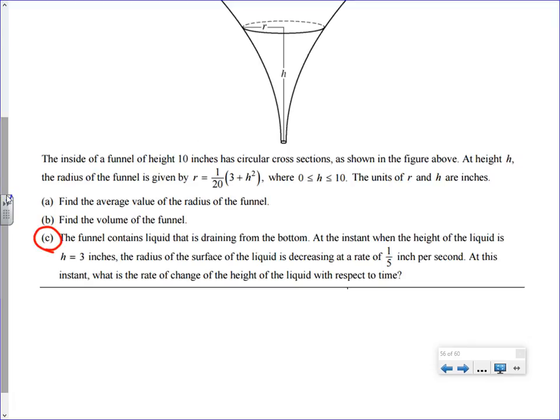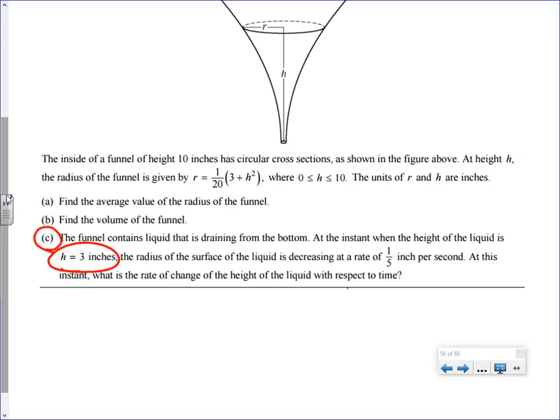The funnel contains liquid that is draining from the bottom. At the instant when the height of the liquid is h equals 3, such that. So we have our formula up above, our r equals formula. Our givens include our height.